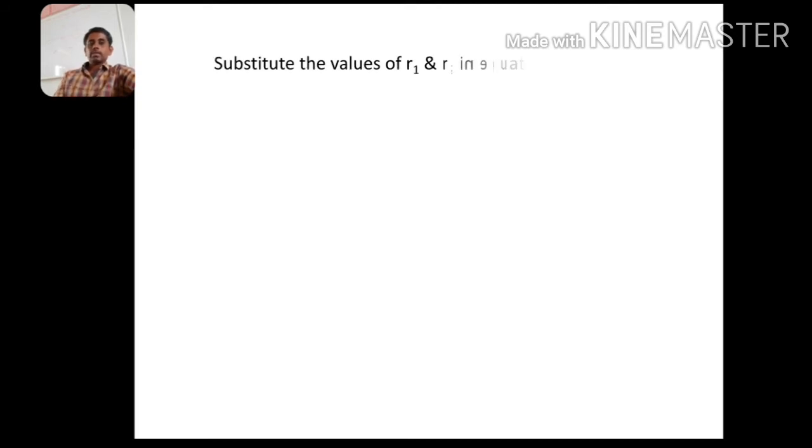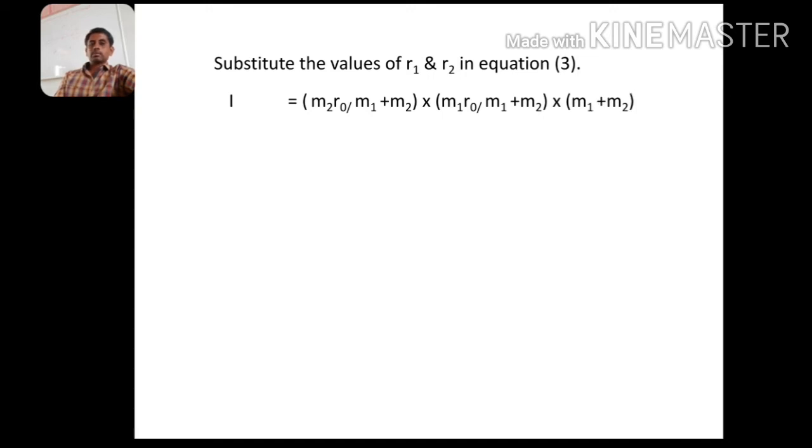Substituting these values of r1 and r2 in equation 3, we will get I is equal to m2 r0 upon m1 plus m2 into m1 r0 upon m1 plus m2 into m1 plus m2. That is equal to, I is equal to what? m1 m2 upon m1 plus m2 into r0 square.